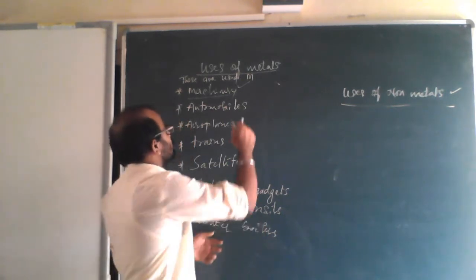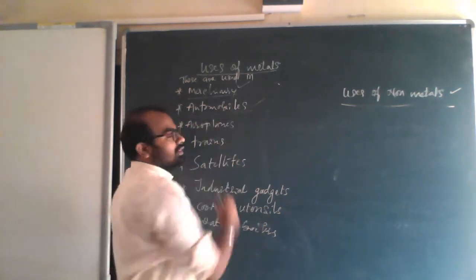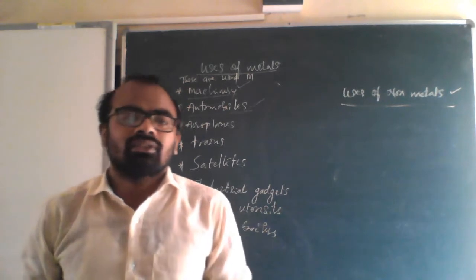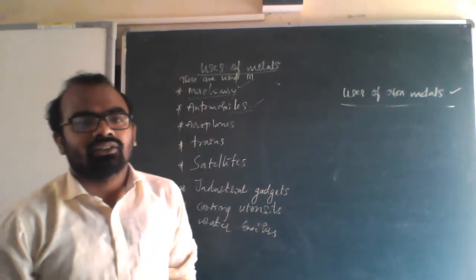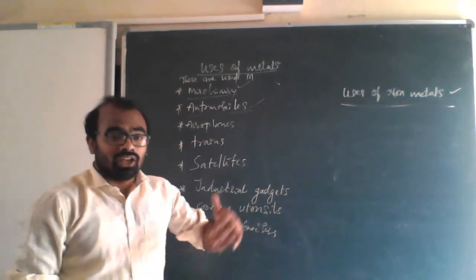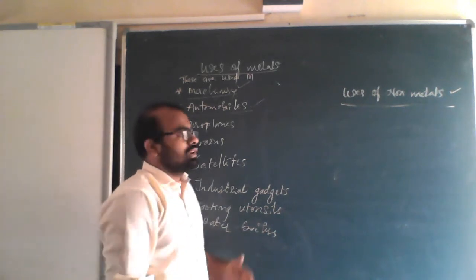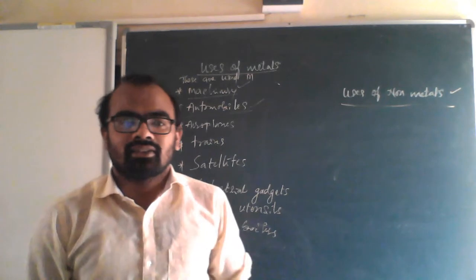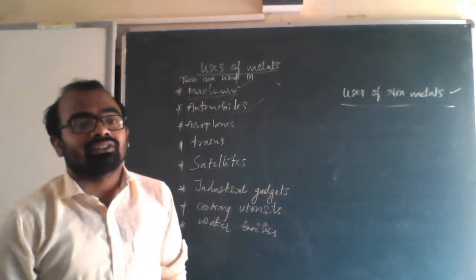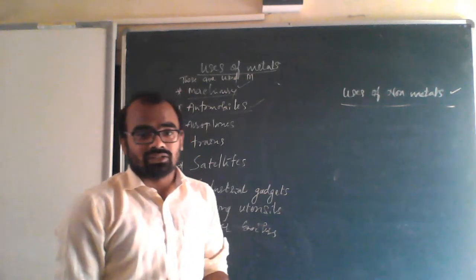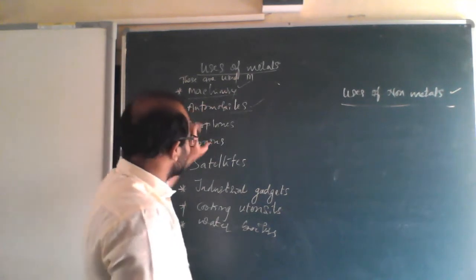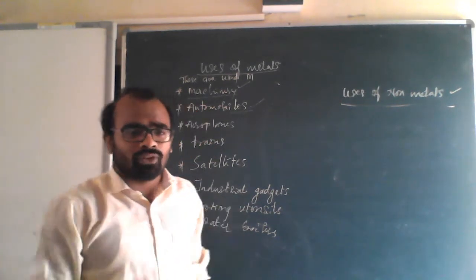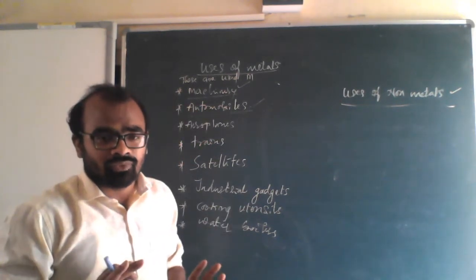We come across automobiles: car, bus, bike. These all come under automobiles. There also we are using metals, and in other machinery like factories, there we are using metals. You have to remember at least 4 to 6.